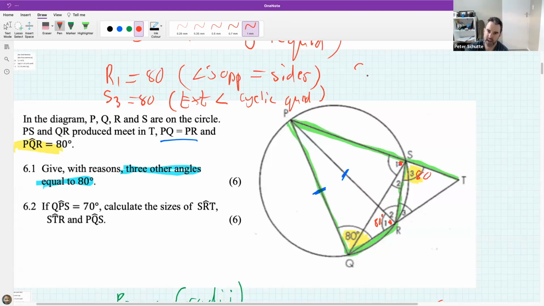And so what we say is that S1 is equal to 80. I know that's a difficult one to spot, especially at the speed that I'm going now. But I just want to show you how a lot of students are used to seeing the butterfly going sort of vertically. This is oriented sideways. And so angles in the same segment. And so now we have our three things that are equal to 80.